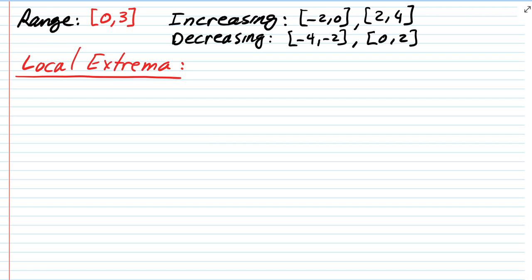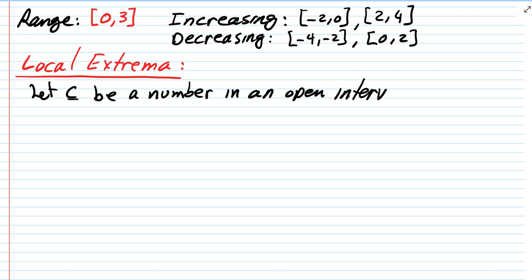Well, I'm going to let c be a number in an open interval, an open interval in some interval I. So notice I have kind of like an interval within an interval. I have an open interval inside of an interval.